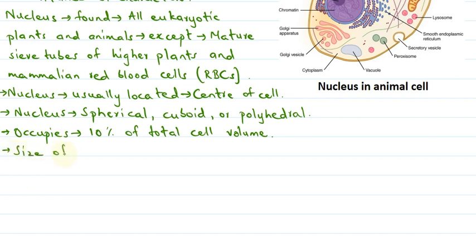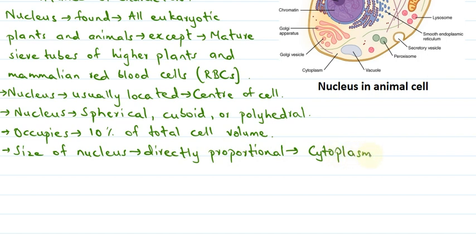Size of nucleus will be directly proportional to the cytoplasm, and moreover the size of the nucleus is related to the number of chromosomes. Okay, so the number of chromosomes is always related to the size of the nucleus. So this was about the general introduction to nucleus.